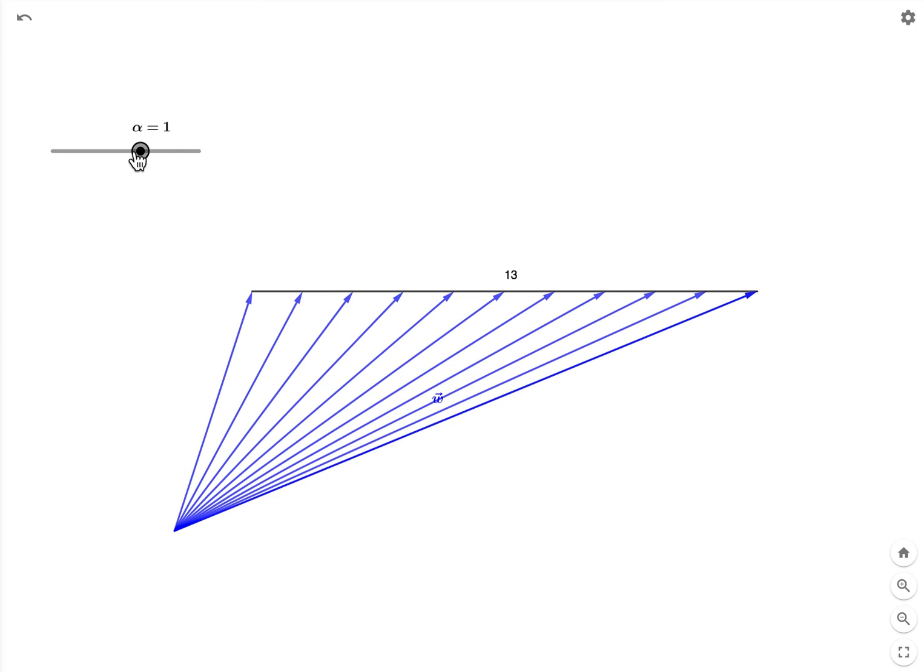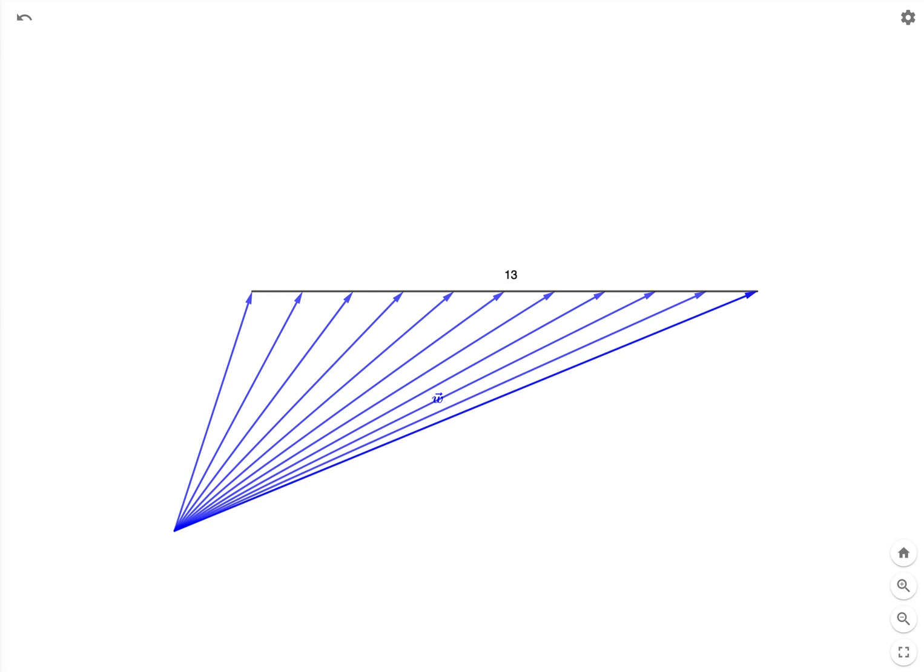You see just the parameter going from 0 to 1 covers the entire segment. Now this is completely arbitrary, how long a segment you want to cover, but you have to understand how to get the alpha. So this video will demonstrate how this is done.